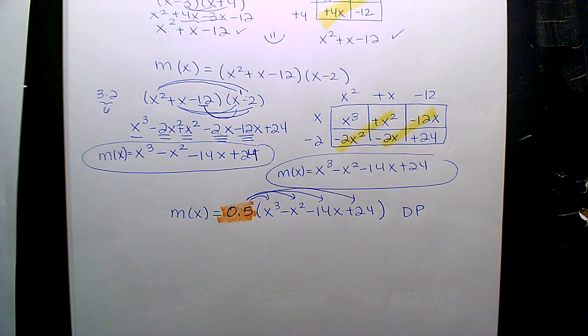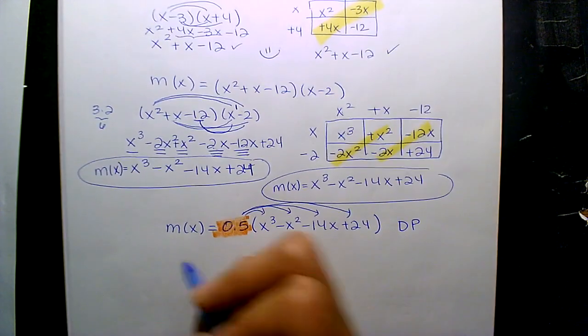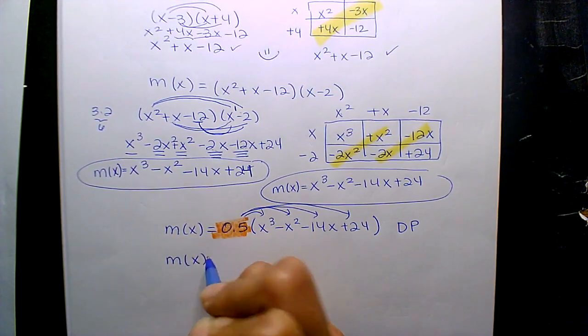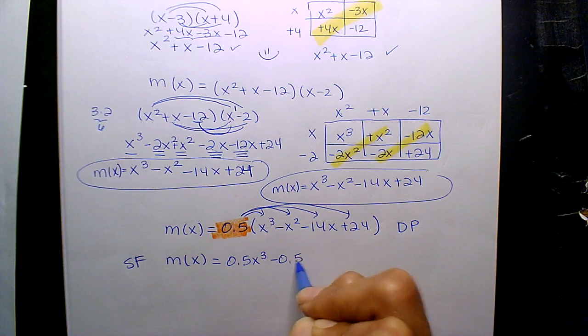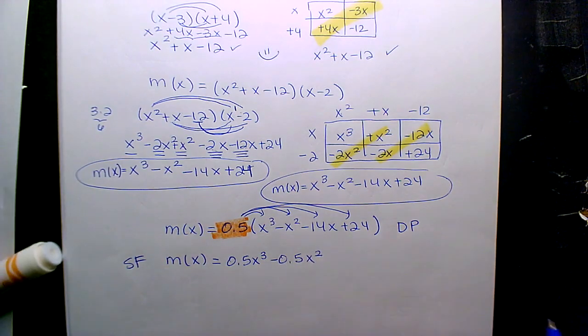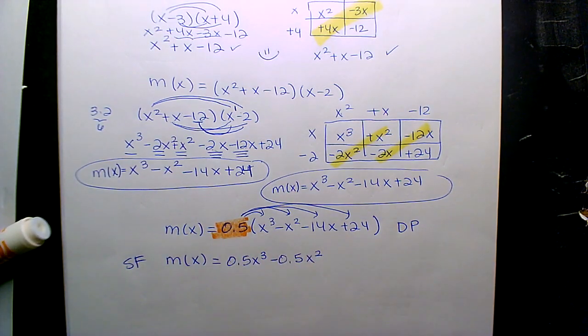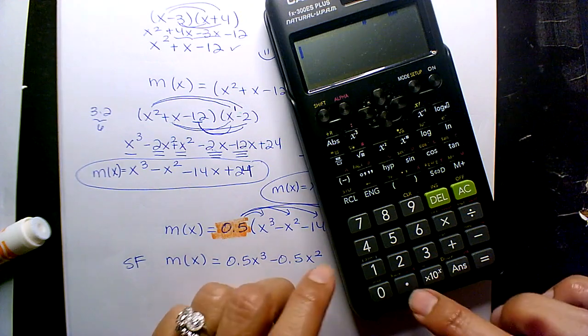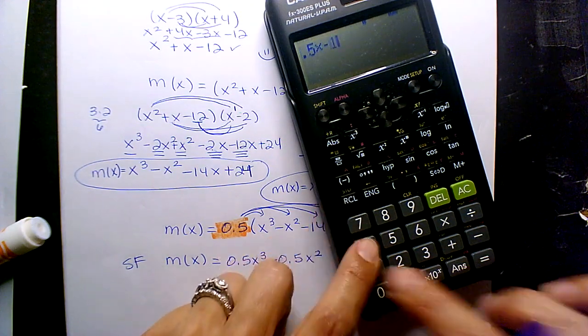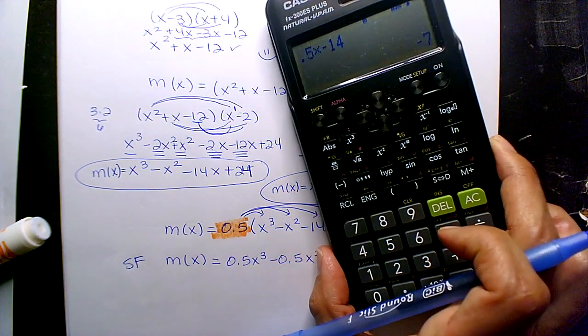Okay, so then your true standard form is a half x cubed, negative a half x squared. You could use a calculator, but a half of 14 is 7, right? 0.5 times 14 is negative 7, right?